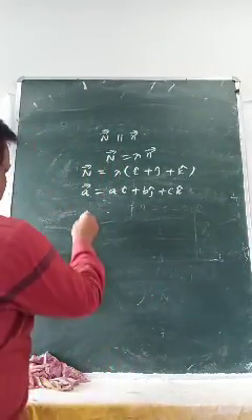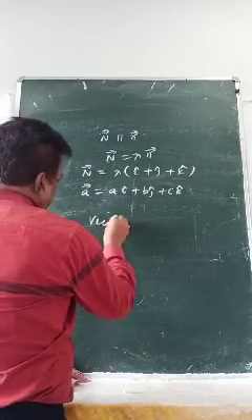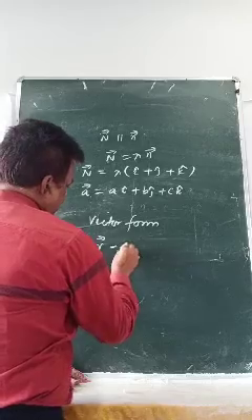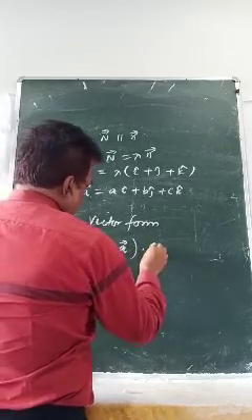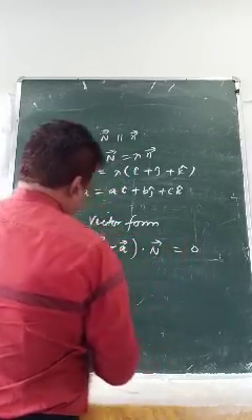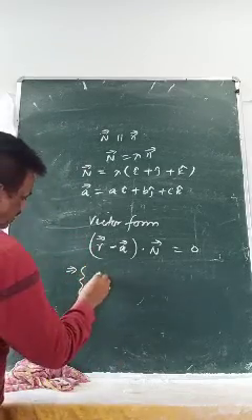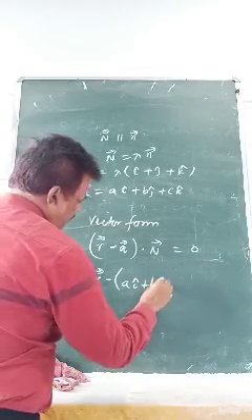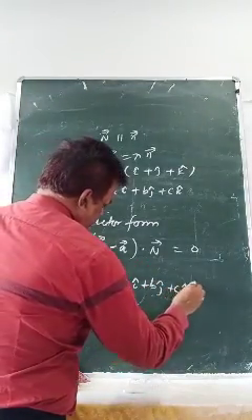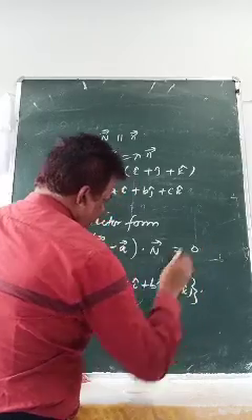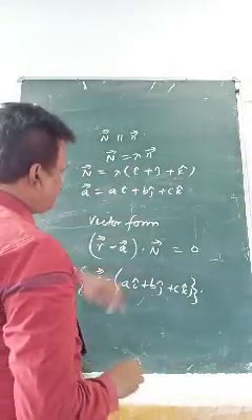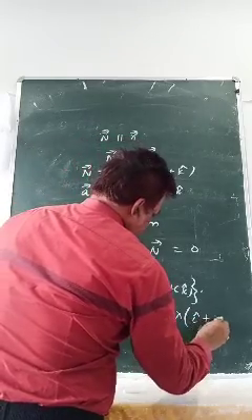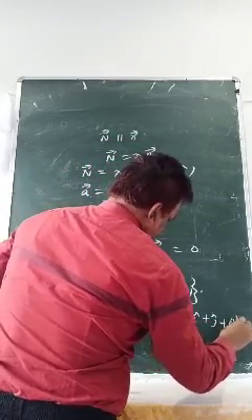Then you will find the vector form: r minus a vector dot n equals 0. So r minus ai plus bj plus ck dot lambda times i plus j plus k equals 0.